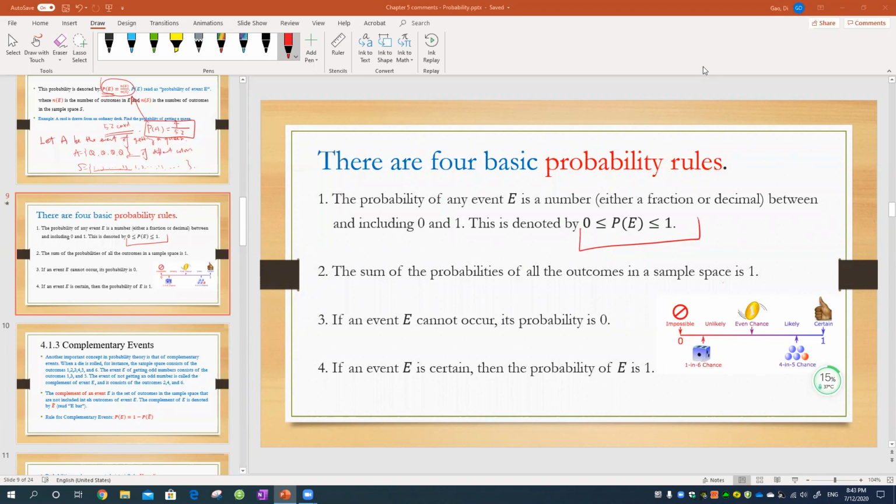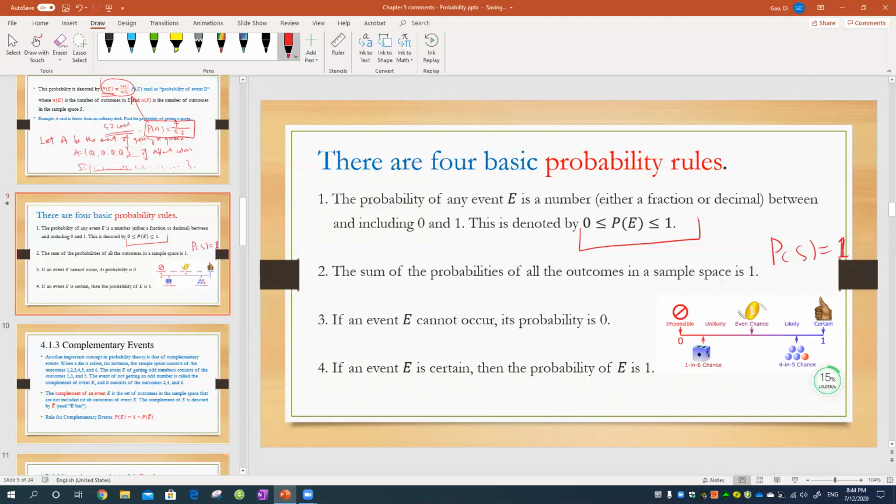So let's again look at these 4 basic probability rules. We have the first one: for any event, the probability is going to be between 0 and 1 inclusive. And then the second one is the sum of the probabilities of all outcomes in a sample space is 1. So we say probability of sample space equals 1.